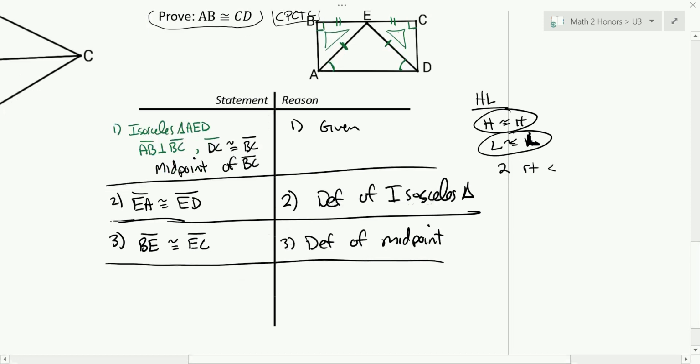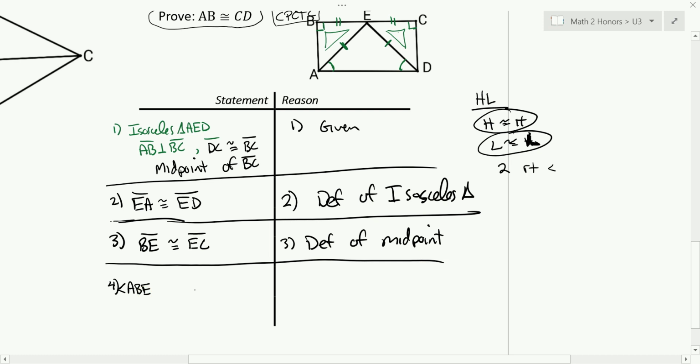And so, Natalie, what should we write for the statement? Let's go angle. Angle ABE. And that's true.